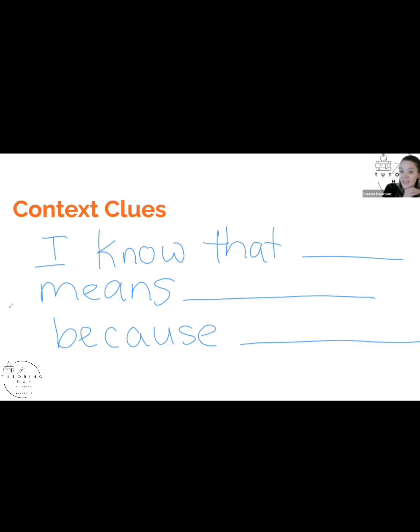And this kind of gave you the details you were looking for to discover the meaning of that word. That's what we're looking for with context clues. So remember this phrase to help you. I know that this word means blank because of those strategies we just went over.